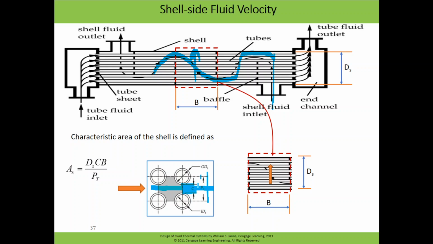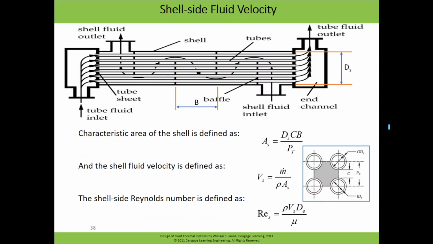So we need to multiply ds and b by the ratio C over PT to find out the actual area available for the flow. This we call the flow area AS. And once you know the flow area AS, we can find the velocity Vs. So this is the velocity in the shell side, and once we have these things we can calculate the Reynolds number for the shell side.